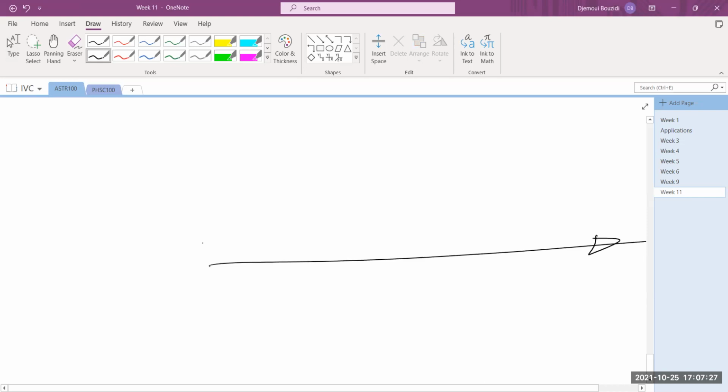Depending on the temperature, this is the intensity, how much is emitted, and the intensity is distributed with the wavelength. So this is the wavelength, lambda.